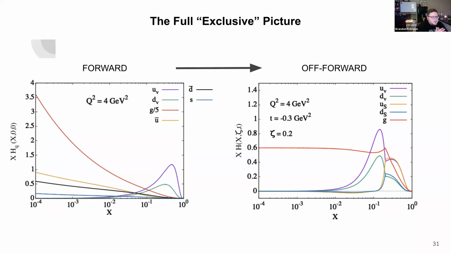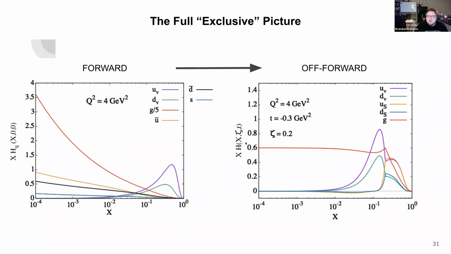So x equals 0 is the symmetry point of the gluon distribution. But how this translates in terms of GPDs is that at x equals zeta divided by 2, or at 0.1, it is the symmetry constraint. So that's why it doesn't go up like it does for the PDF: we know that x equals zeta here has to be equal to x equals 0.